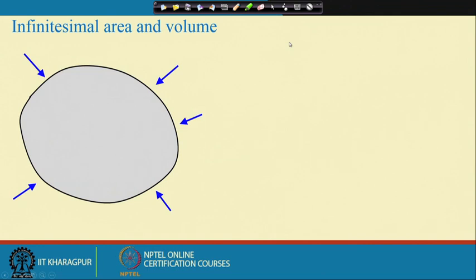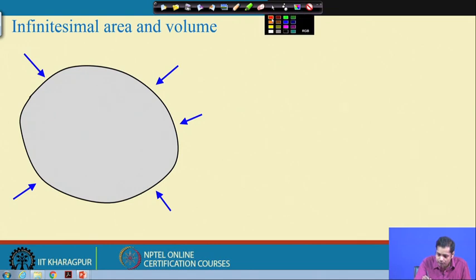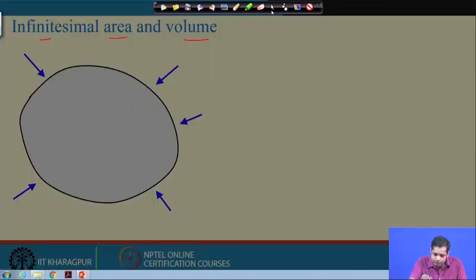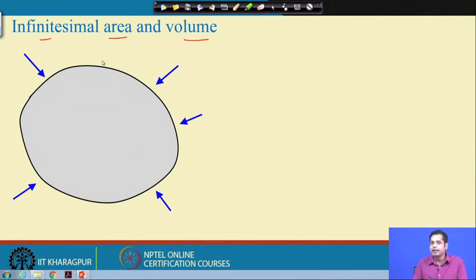Now the next question is, what is the stress in a body. Now we want to introduce a very important term called infinitesimal area and volume. Suppose we take any object like this, which is subjected to some external threat. In this case, the threat is some external loading.